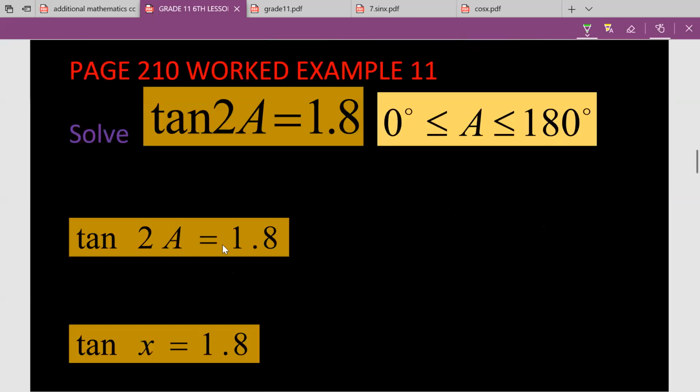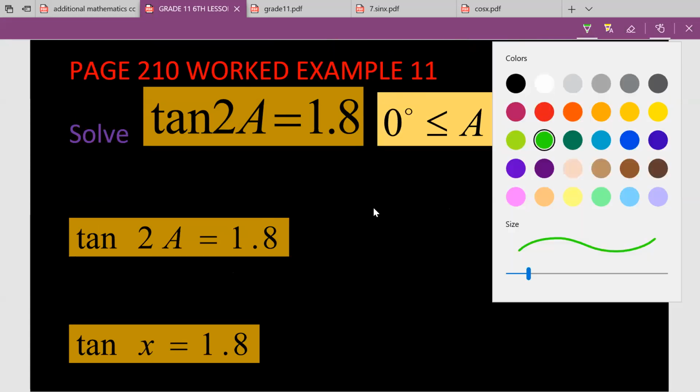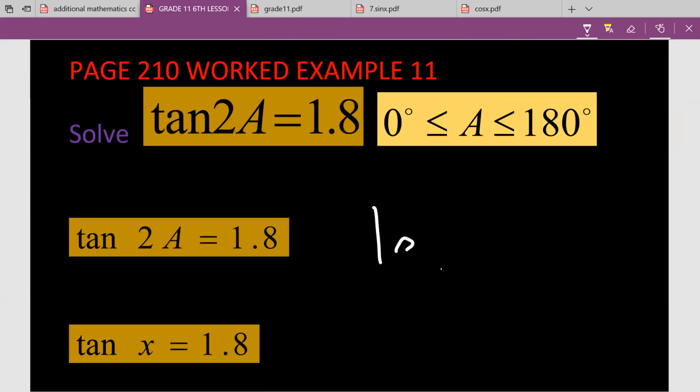Let's do worked example 11 from page 210. Now we have tan 2a equals 1.8. Let 2a equal x. Instead of writing 2a, I will write x.